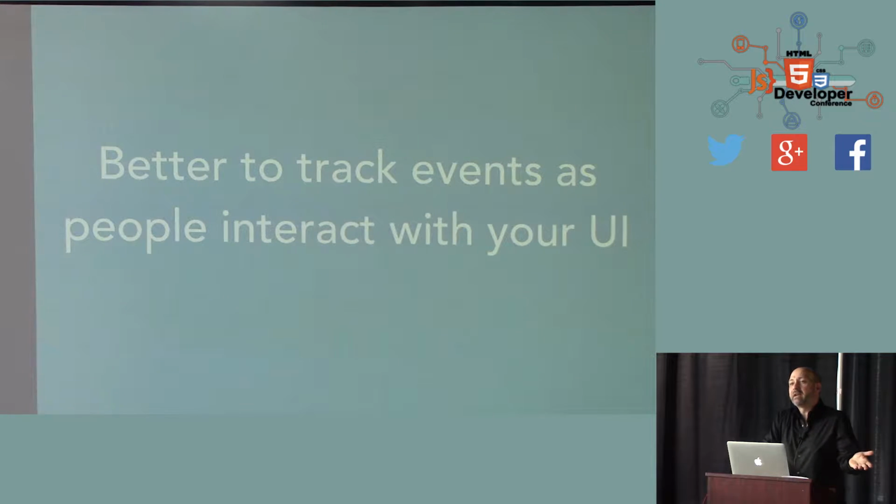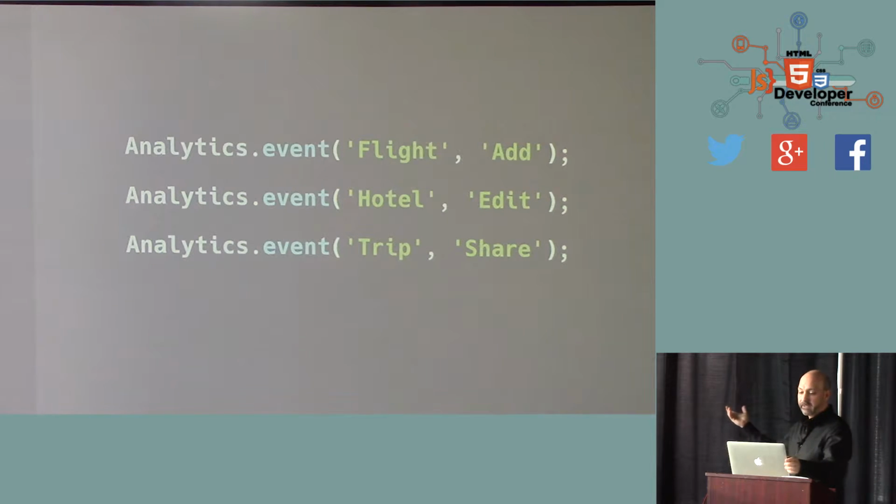What does that look like if you're writing JavaScript code? It might look a little bit like this. You have an analytics system. That analytics system has an API called event, and it has some data. A major category of things, of features, nouns, objects on your web app.